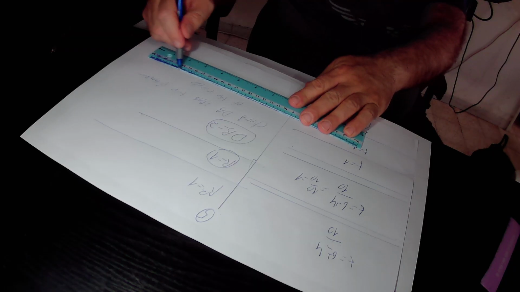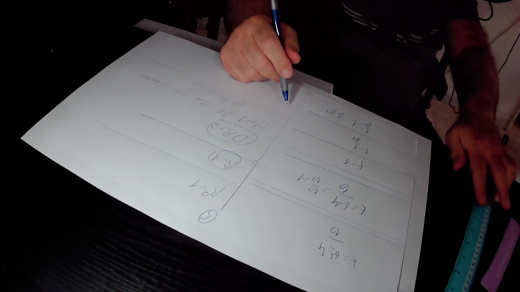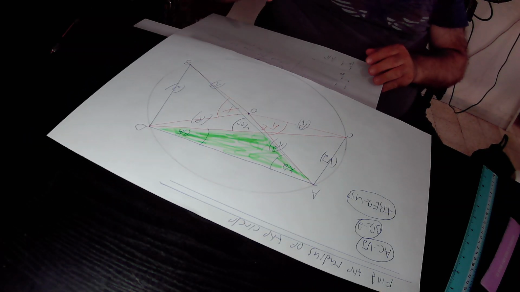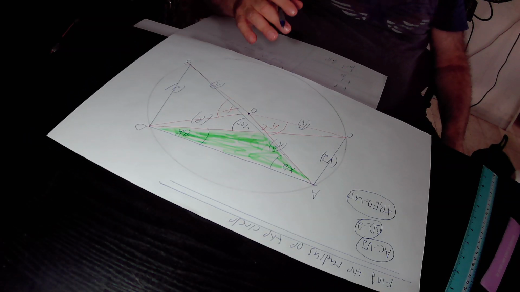And we also know that the diameter of any circle is the longest chord in the circle.